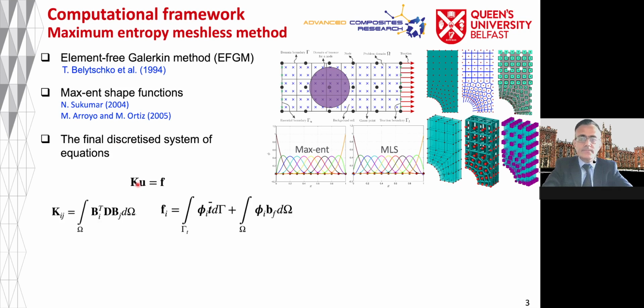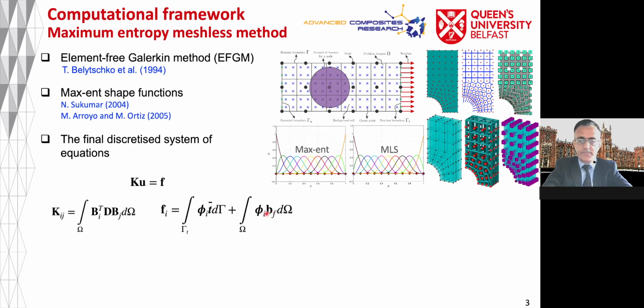So the discretized system of equations is similar to the finite element analysis in the maximum entropy meshfree method. So K here is the global stiffness matrix, and F is the force vector, which we can calculate from the traction and the body load here.